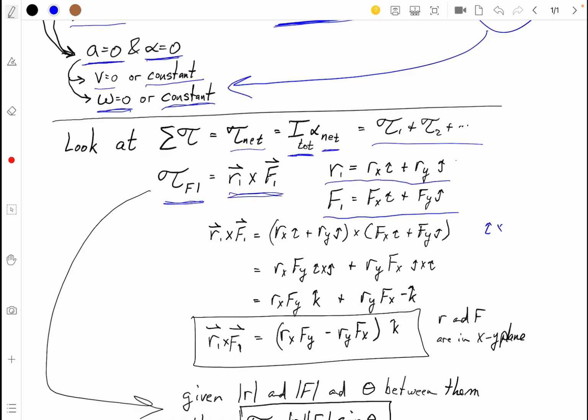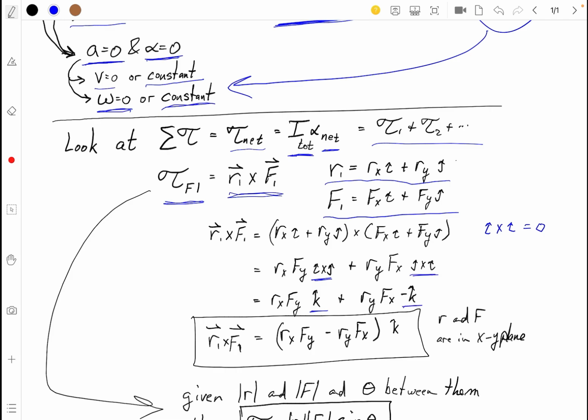If you're doing the cross between i cross i, that gives you 0, okay? And j cross j, k cross k, all that. But they're cyclical. So if it's i cross j, that gives you k. But if it's j cross i, that gives you minus k.